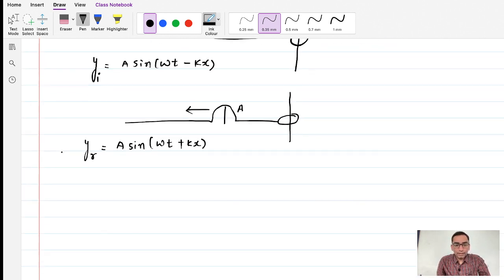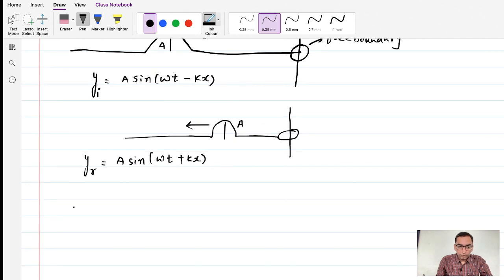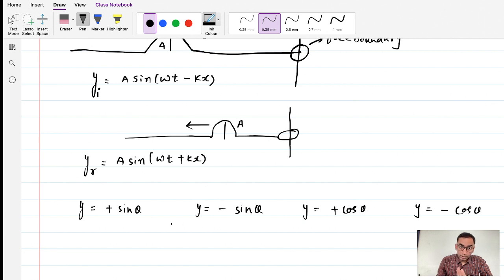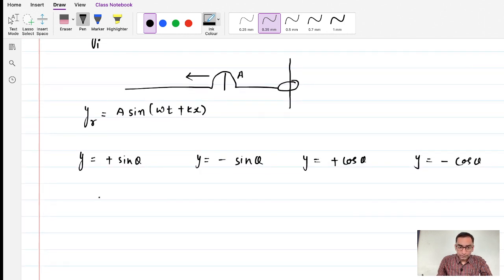Now a very basic thing before we go ahead is the following. If I say plot a graph of y equals plus sine theta, y equals minus sine theta, y equals plus cos theta, and y equals minus cos theta, these four graphs you will have to understand by heart. This is the mathematical representation.